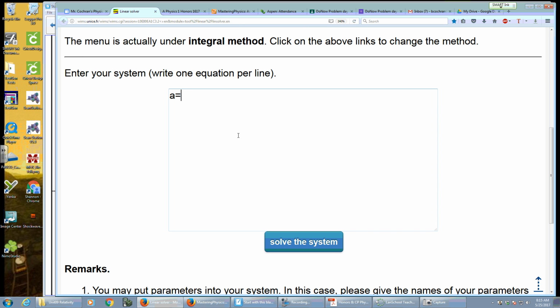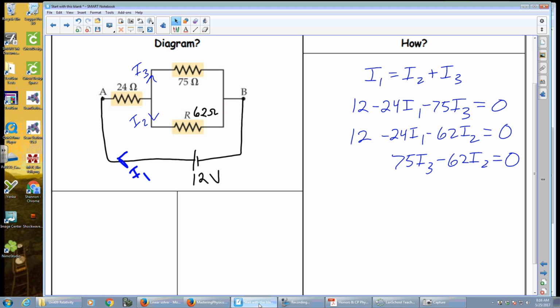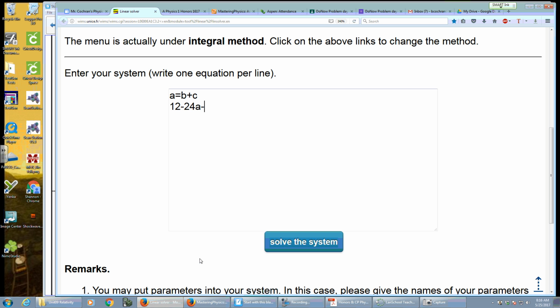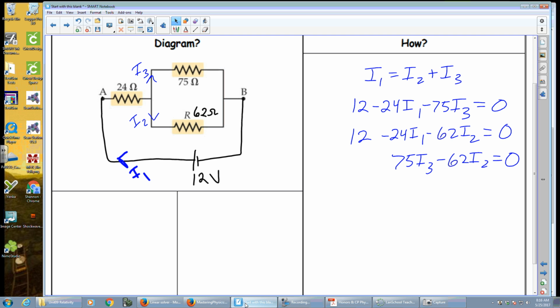So A equals B plus C. 12 minus 24 A minus 75C equals 0, and 12 minus 24 A minus 62B.